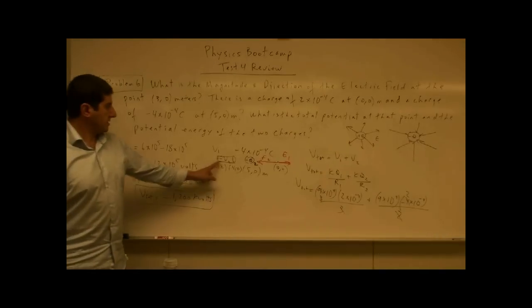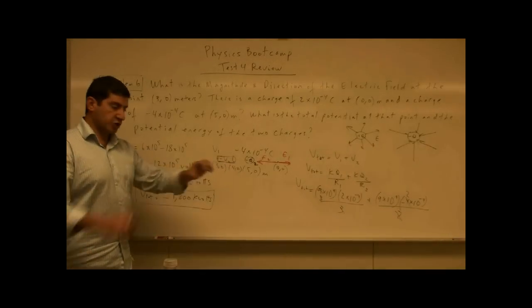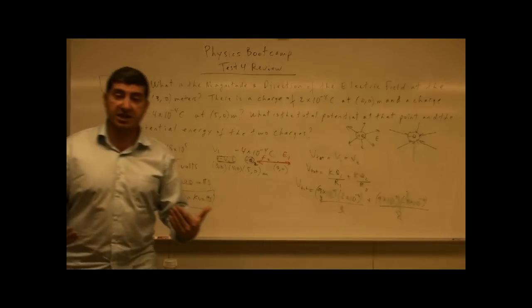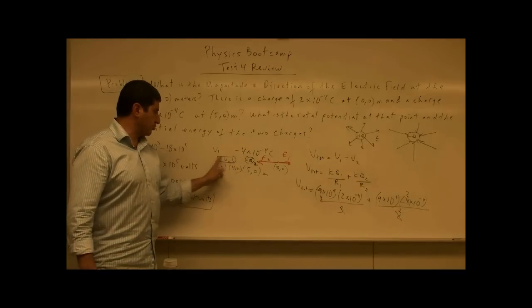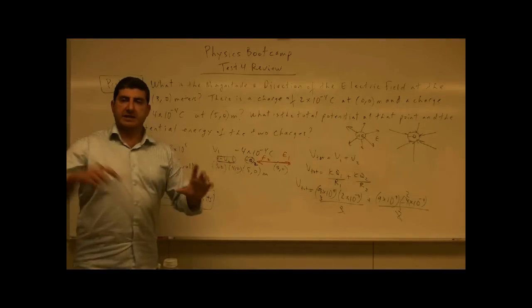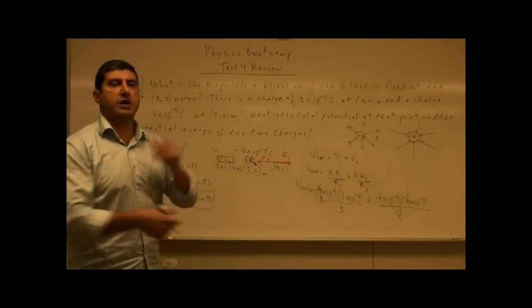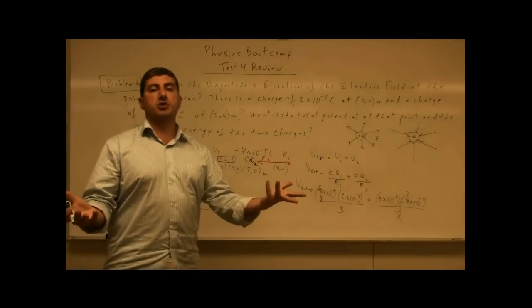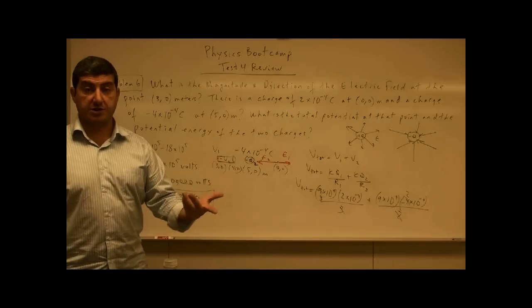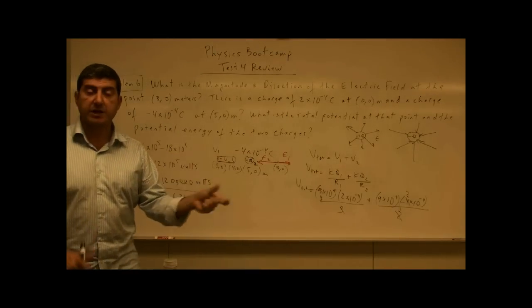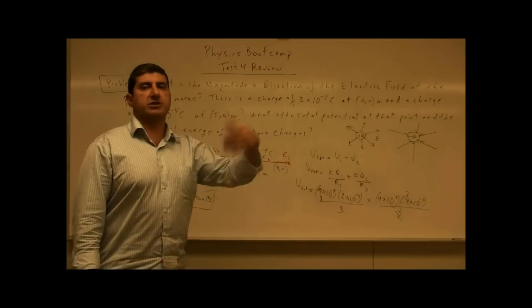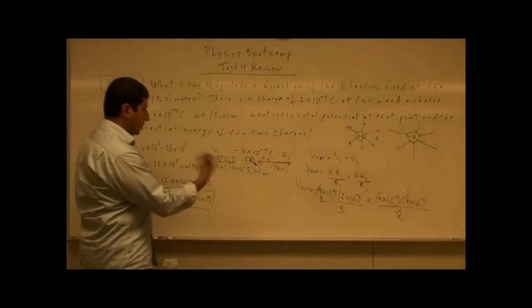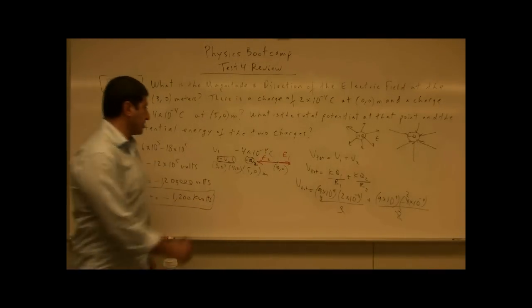Let's say there's a conducting rod. Then there's going to be a potential difference between the two ends of the rod, and that's going to create a lot of current through the rod. That current is going to heat up the rod. So it's not potential that heats it up, but it's potential difference that causes current, and then that current heats up the rod. So we could ask a question such as this.